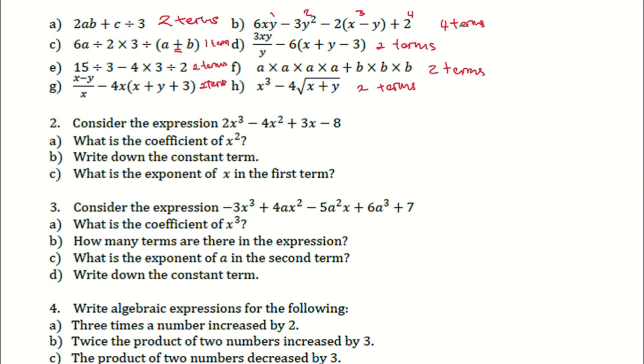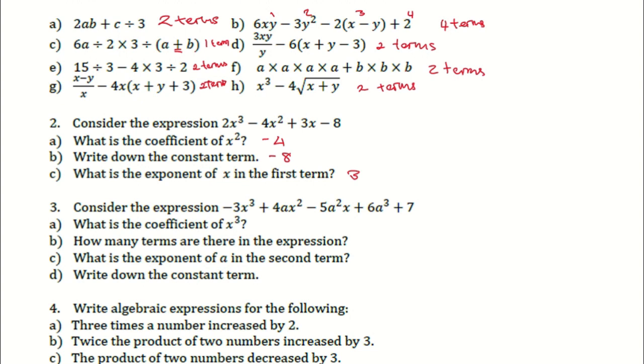What is the coefficient of x squared? The coefficient of x to the power of 2 is negative 4 there. Write down the constant term. The constant term at this one is negative 8. Now they ask you, what is the exponent of x in the first term? Well, the first term there is in descending powers, so the exponent is 3.